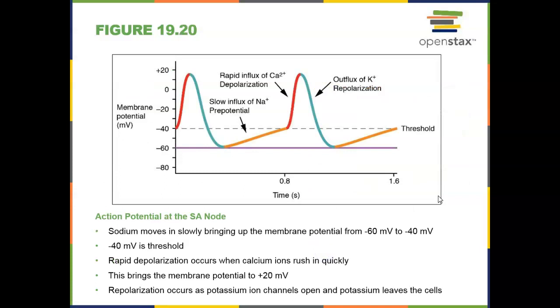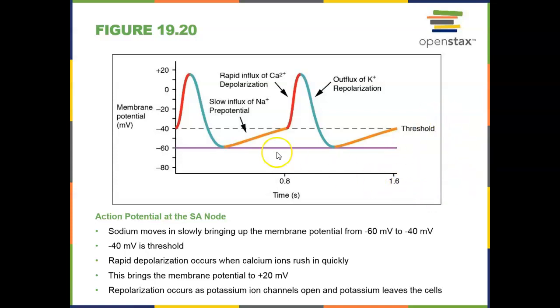So let's look at the action potential at the SA node, and then we'll look at the action potential at those contractile cells. So in the SA node, we're going to have the membrane potential be brought up from around negative 80 to 90 up to a negative 40, which is threshold.